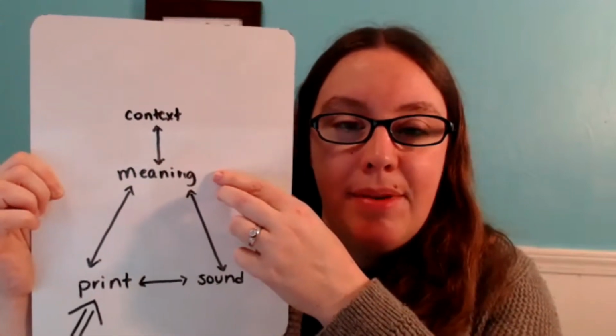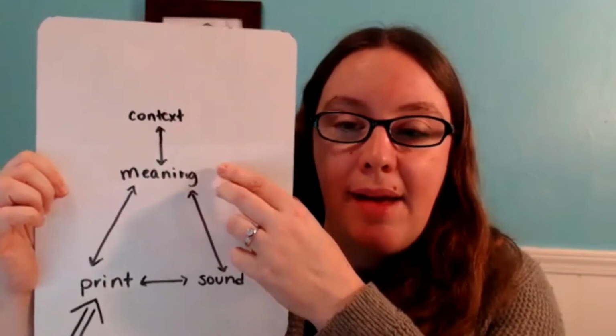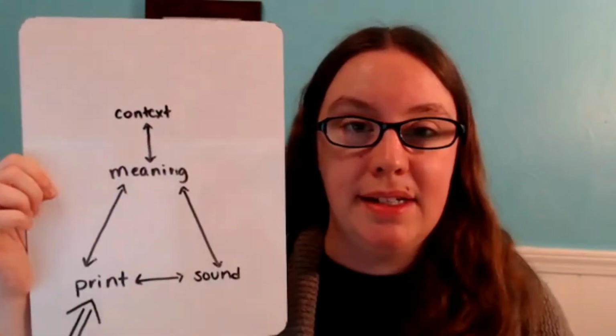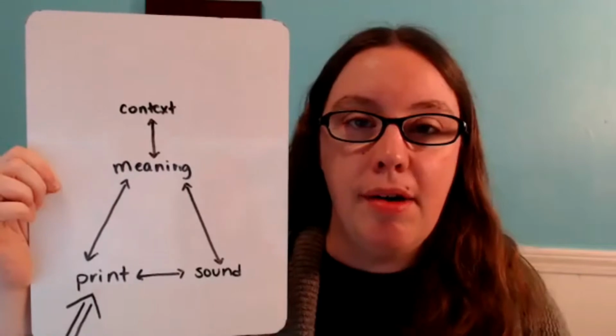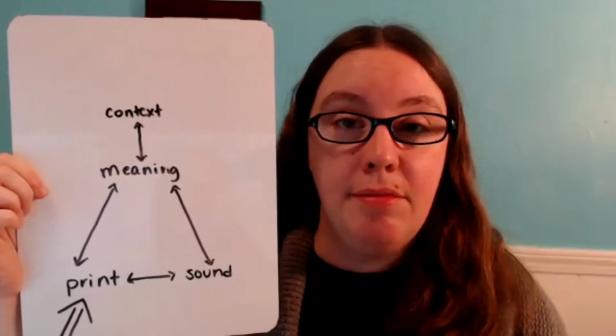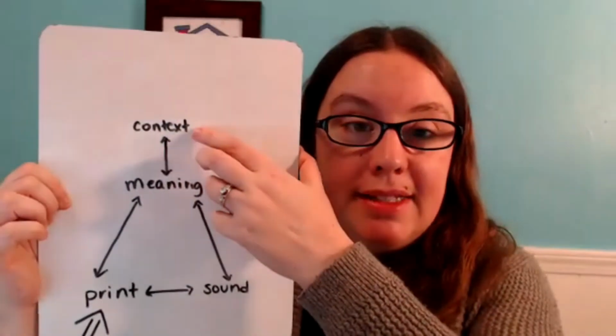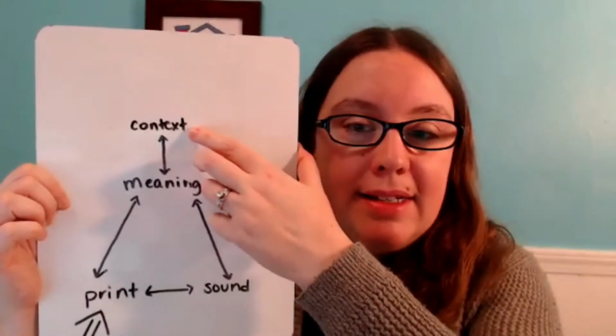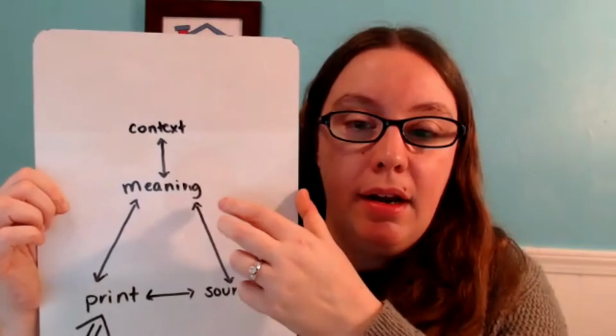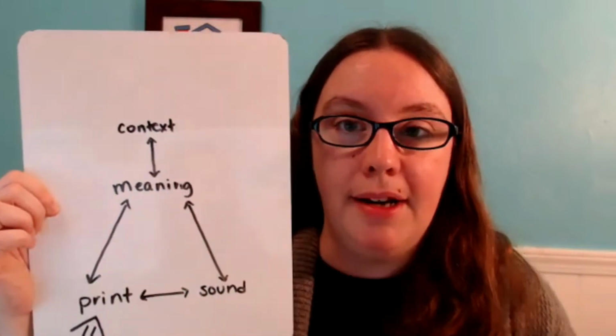And then the last step in the model is checking that meaning in comparison to the context of the book. So if your child is reading and they read an incorrect word and then they go back and fix it, they're doing this step. They're checking it against the context and they're making a correction back down here in the model.